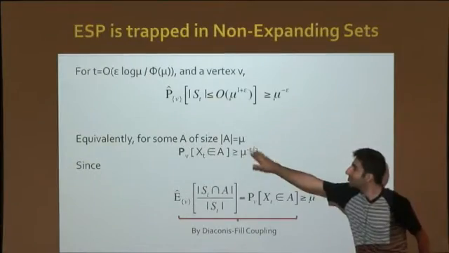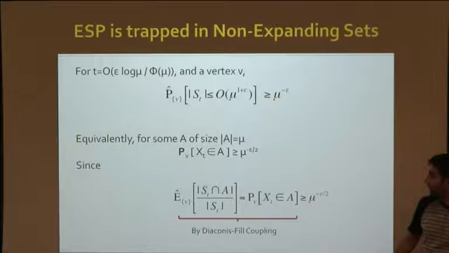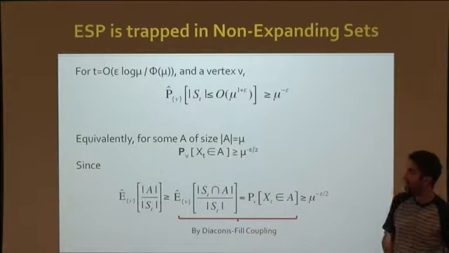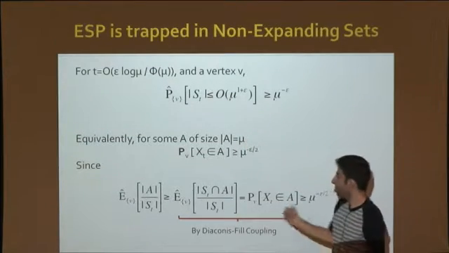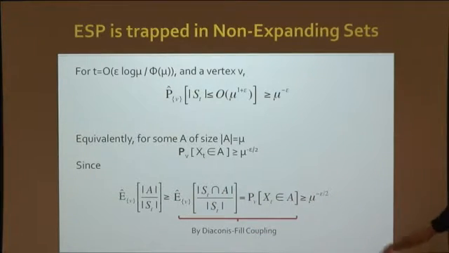Now this tells me the right-hand side is small, but I know the left-hand side is smaller than the ratio of A over st. So because I take A to be small, st can be at most mu to the epsilon more than A. So st can be at most mu to the 1 plus epsilon.